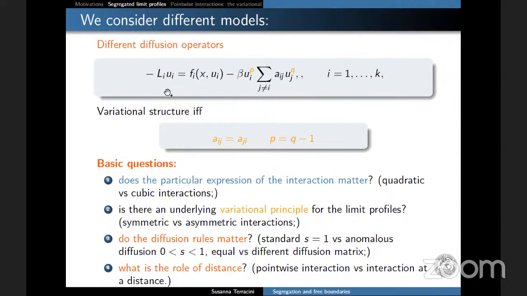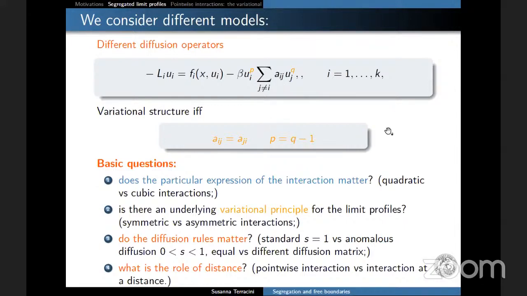diffusion operators are local ones, but they are different. So each population diffuses with a different matrix, and this constant matrix. So there is some anisotropy, some different behavior with respect to different directions.